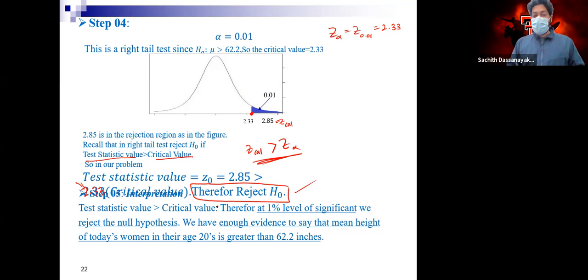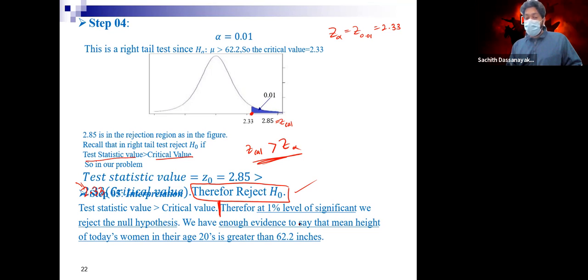Finally, you can say, at 1% significance level, or you can say alpha equals 0.01, we reject the null hypothesis, or we reject H naught, that's fine.